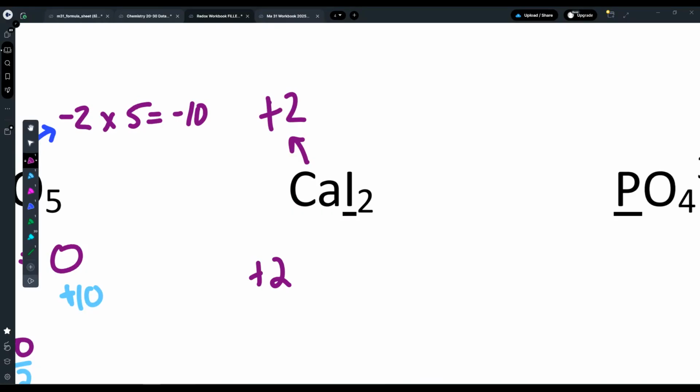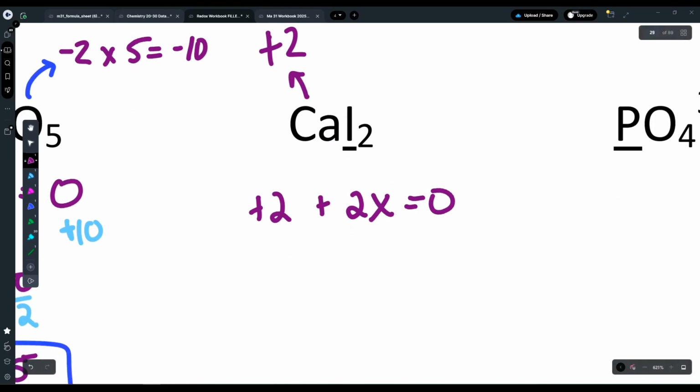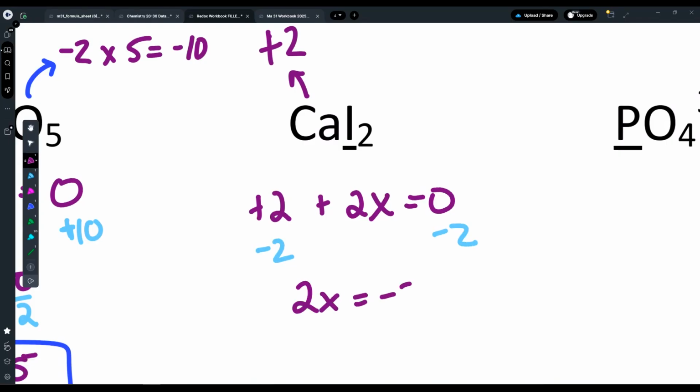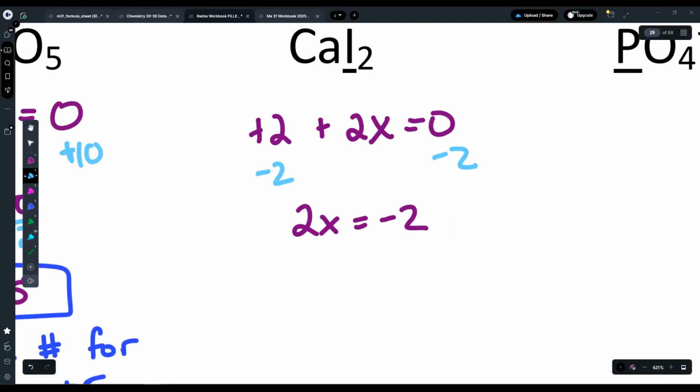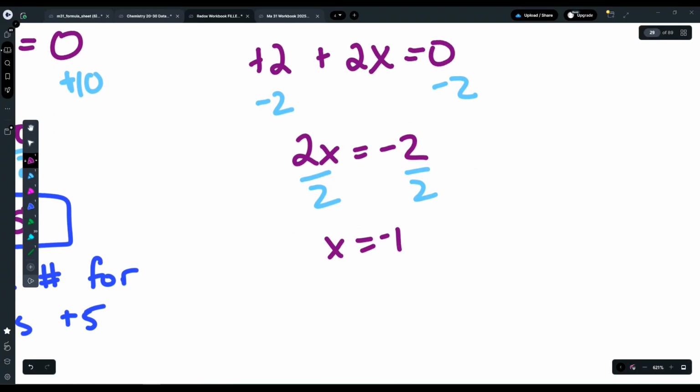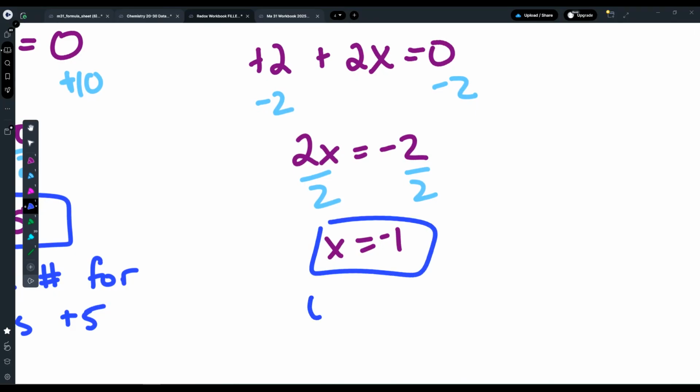So +2 plus 2x for the iodides, because there are 2 of them, is equal to 0 because it's a neutral compound. So 2x is equal to -2. If we divide both sides by 2, we get x is equal to -1. That's the oxidation number for each of those iodides.